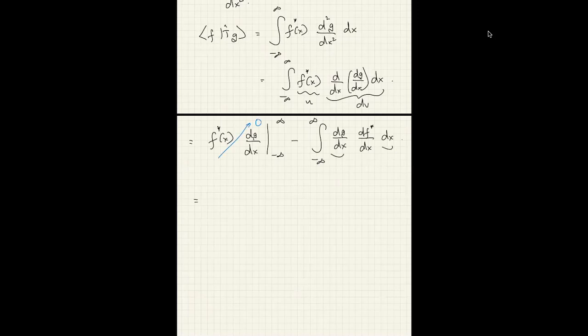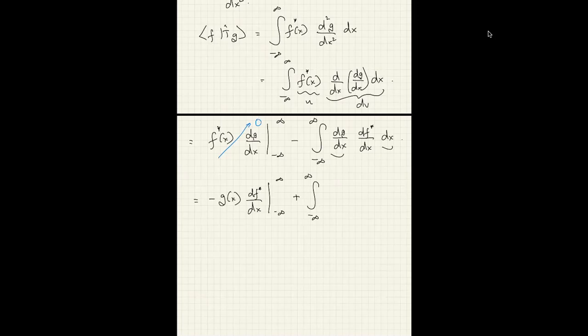So this is equal to again uv, which is g of x df star dx between infinity and minus infinity, minus integral. Sorry, there is an overall negative sign here, so this becomes a negative and this becomes a positive, plus v du.